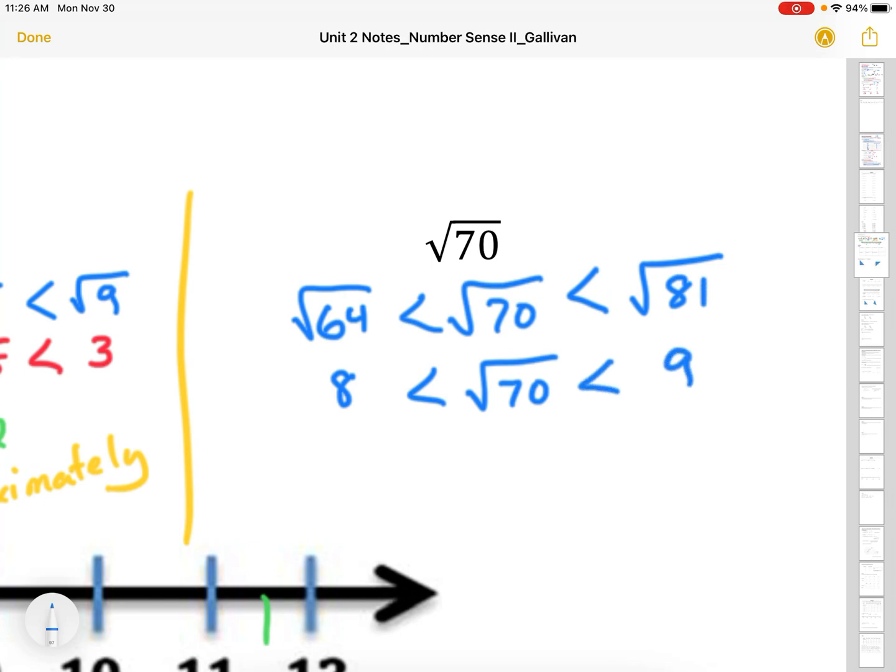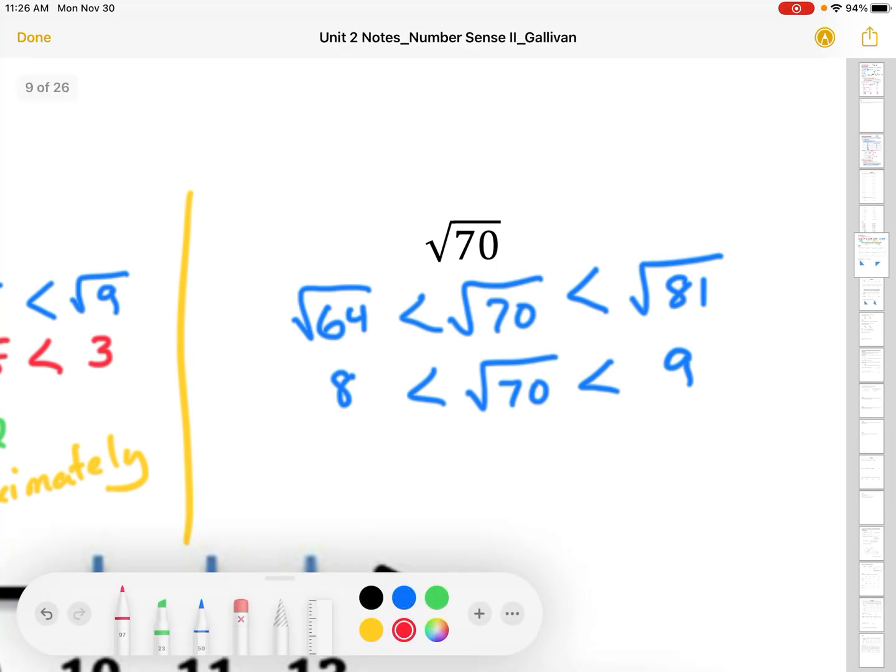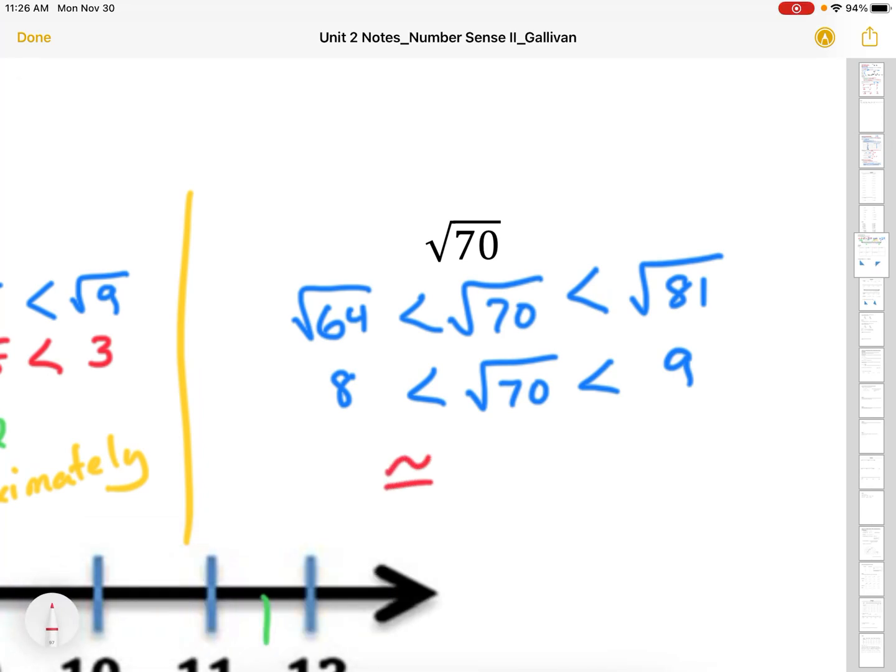So I know the square root of 70 is going to be somewhere between 8 and 9. Now 70 is closer to 64 than it is to 81, but not by much. So I'm going to say approximately 8.4. It might be closer the other way. We can check. I get 8.36, so I'm in the ballpark, okay?